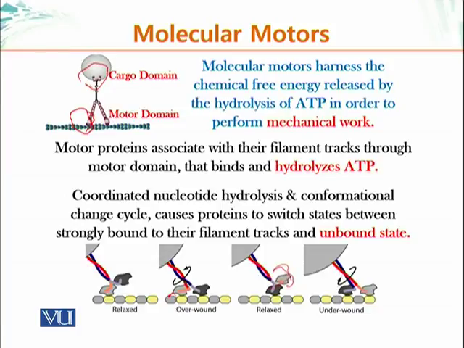Again, there's a conformational change, and now the gray head is bound to the filament, and also the black head is bound to the filament. But then this whole thing will reverse and get back to this state. So this process repeats over and over, which results in movement of motor proteins taking little steps, carrying their little cargo along with them.